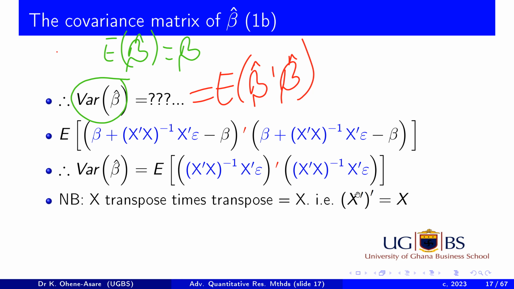So what is the transpose of x? The transpose of x prime is x. Because x prime is the rows converted to columns, and now the columns have been converted back to rows, so you get an x.